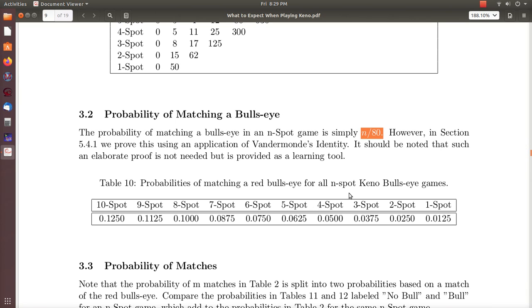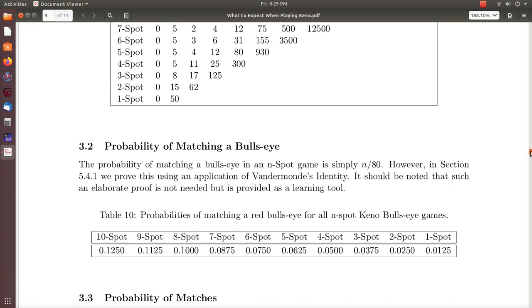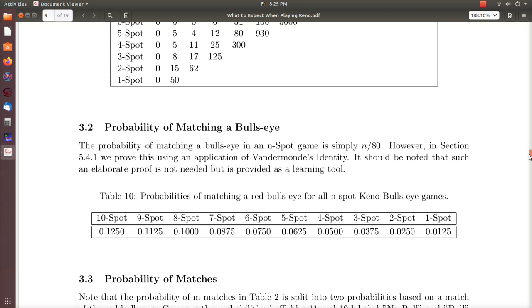How many spots you pick, which is n, divided by 80, right? If you have n numbers, what's the probability that we pick one of those numbers out of 80? Well, it's n out of 80. And the reason I'm showing you this, it's actually a quite simple probability. So this is the probabilities.